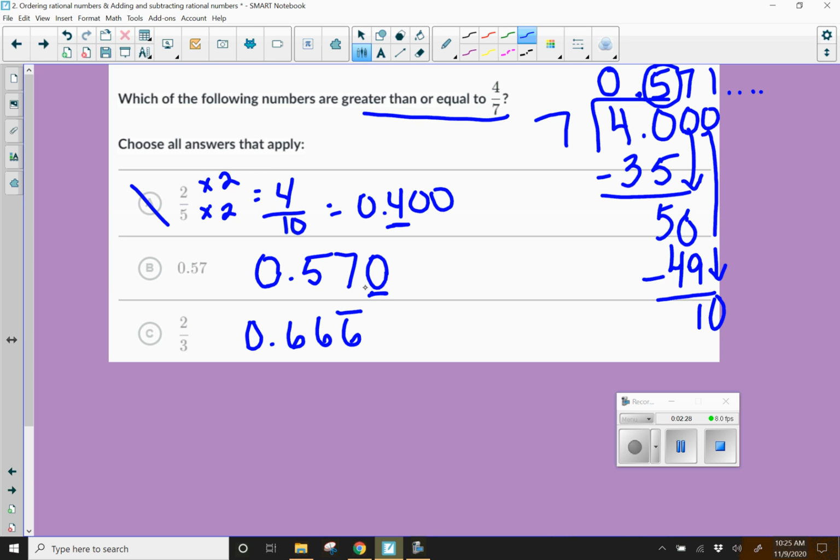So all the numbers are the same up until the thousandths place. So this one's a 0 and this one's a 1, which means that 4/7 is a greater number. So B doesn't work. So the only one that's greater here in this case is answer choice C. But you have to be careful and make sure you go through all of them because it does say choose all that apply. Let's try another one.